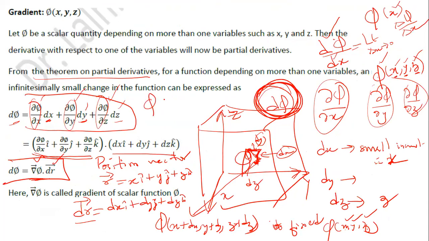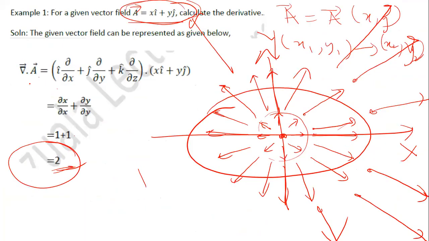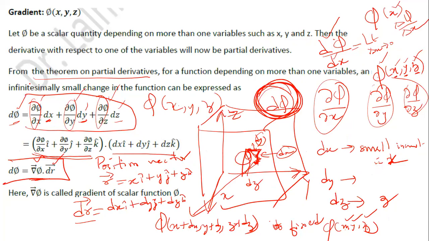See, if we know that phi is a function of x, y, and z, then using the theorem of partial derivatives, any change in phi can be expressed as the rate of change of phi with respect to x multiplied by the change in x, plus the rate of change of phi with respect to y multiplied by the change in y, and like this we can express it.